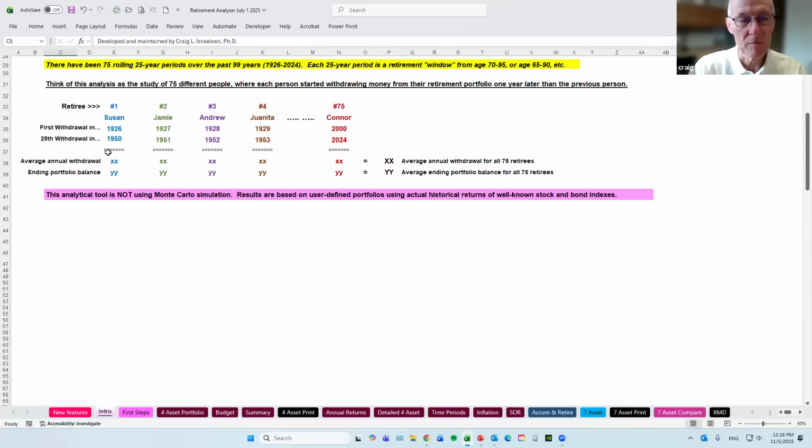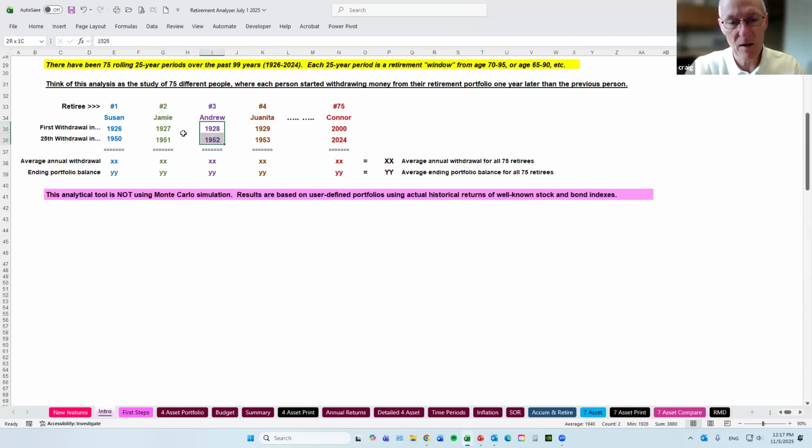The way I would like you to think about it is that in the first rolling 25-year period, from 1926 to 1950, that's when Susan was withdrawing money. That's her 25-year period. The next was Jamie, pulling money out from 1927 to 51. Then Andrew from 1928 to 52.